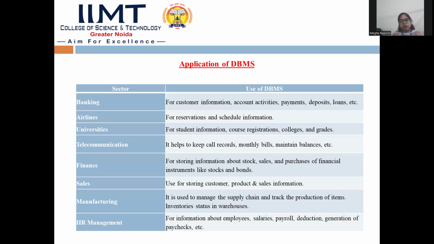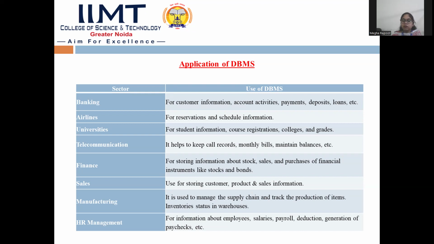These are the sectors in which we use the database management system. In banking system, for customer information, account activities, payment, deposit, loans, we can use the DBMS. In airline, for reservation and schedule information, we use the DBMS.